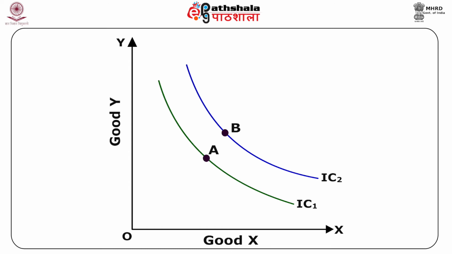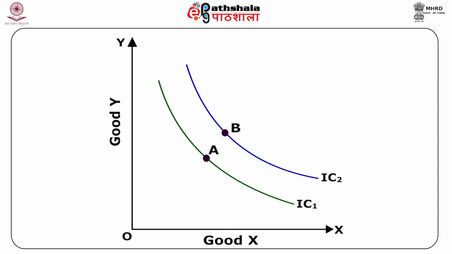Therefore, the combination B, which lies on indifference curve IC2, will provide the consumer more satisfaction than combination A, which lies on IC1. This is because combination B contains more of both commodities X and Y than combination A. Applying the assumption of non-satiety, the consumer must prefer B to A.